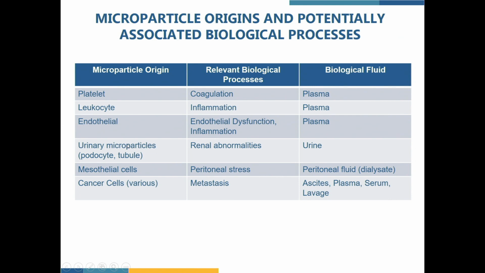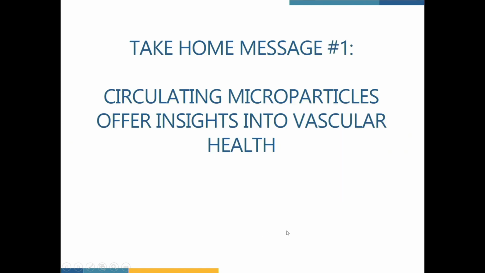Urine will contain microparticles from any of the cells that come in contact with urine, so tubular epithelium, podocytes, that sort of thing. And then in various other situations, mesothelial cells we've looked at in the context of peritoneal stress, and many investigators have looked at cancer-derived microparticles as an indication of presence.